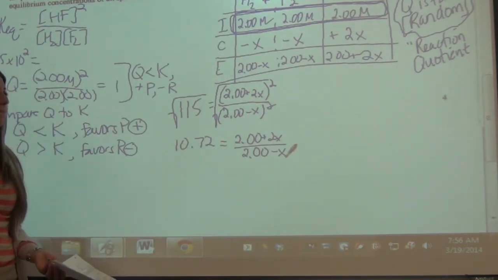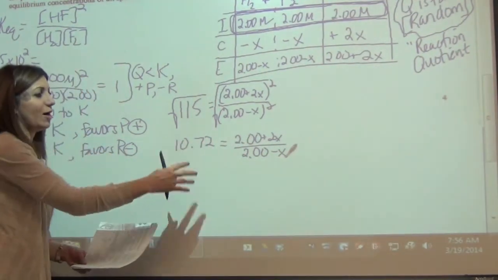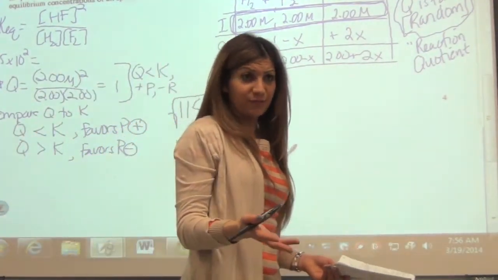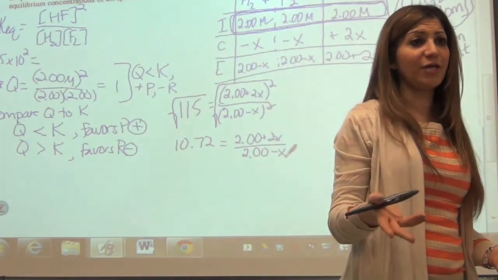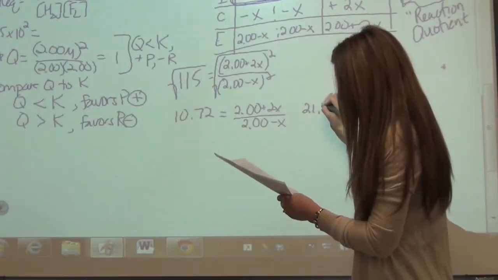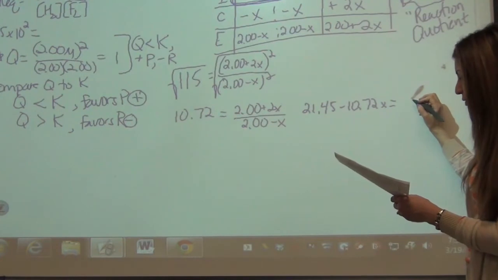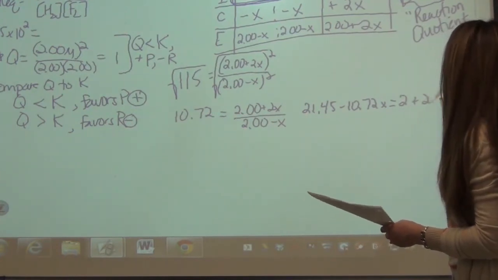Now what do I do? Now I have to do my cross multiplication and then figure that out. A lot of you, depending on your experience with your calculator, can speed these up to solve for x. So 10.45 minus 10.72x is equal to the 2 plus 2x.